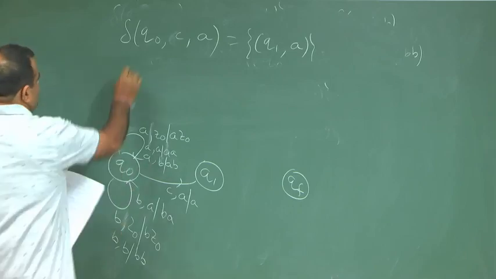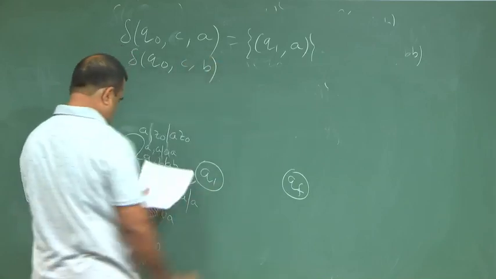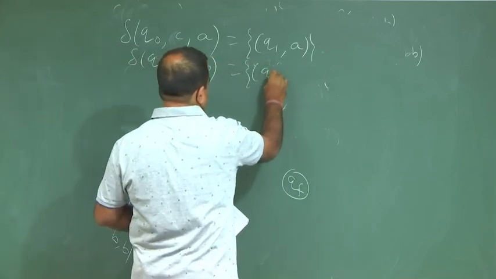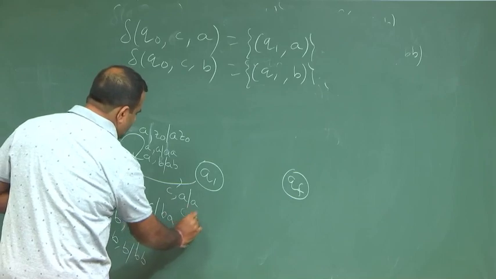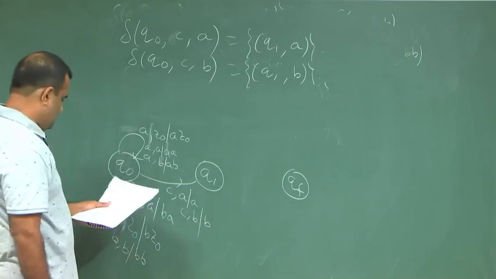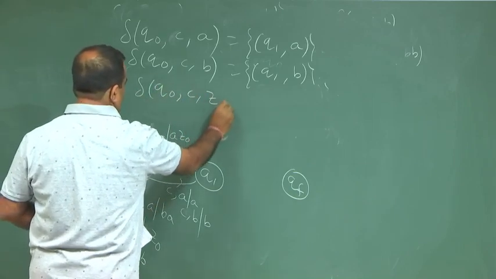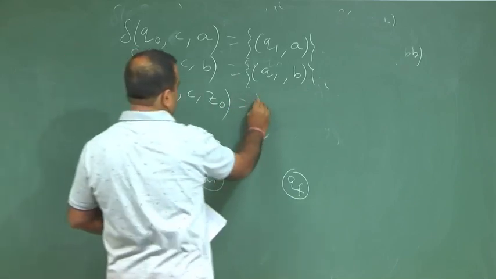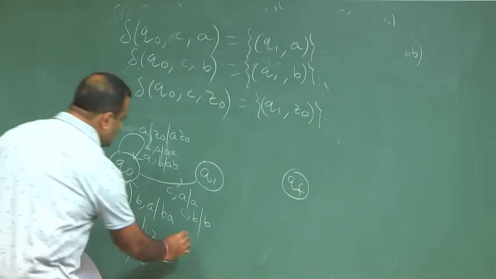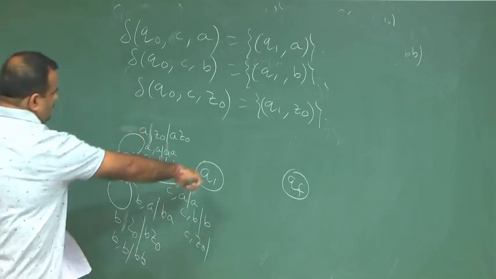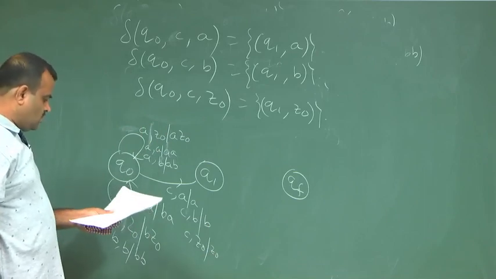And similarly, delta of Q0 C B is also the same, Q1 B. So if we have a C and the stack is B, it will remain at B. And similarly, delta of Q0 C Z0 will be again Q1 Z0. So if it is Z0, we are going to Q1 and it will remain at Z0. Okay. So these are the rules with Q1 and C.